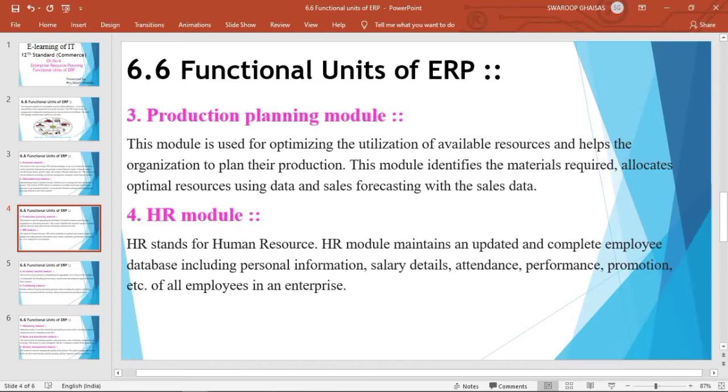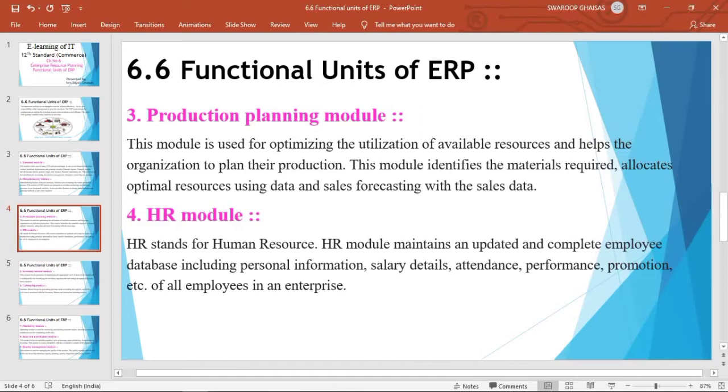Next one is the HR module. Here HR stands for human resource, so it is concerned with the people. The HR module maintains an updated and complete employee database including personal information, salary details, attendance, performance, promotions, maybe trainings, etc. So all employees in an enterprise are covered in more detail with this HR module.